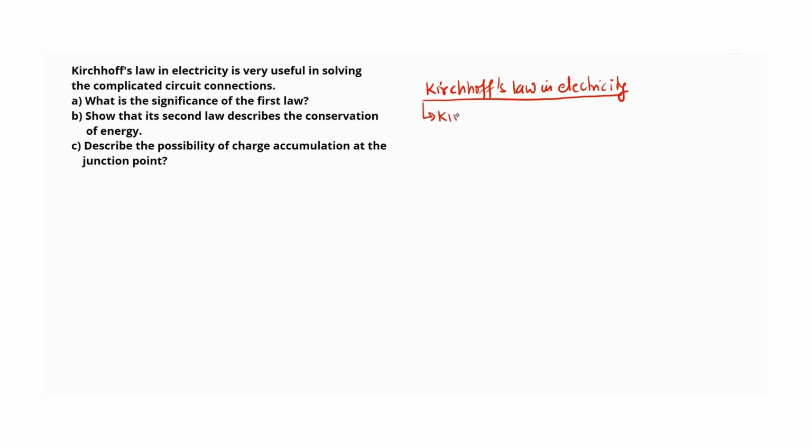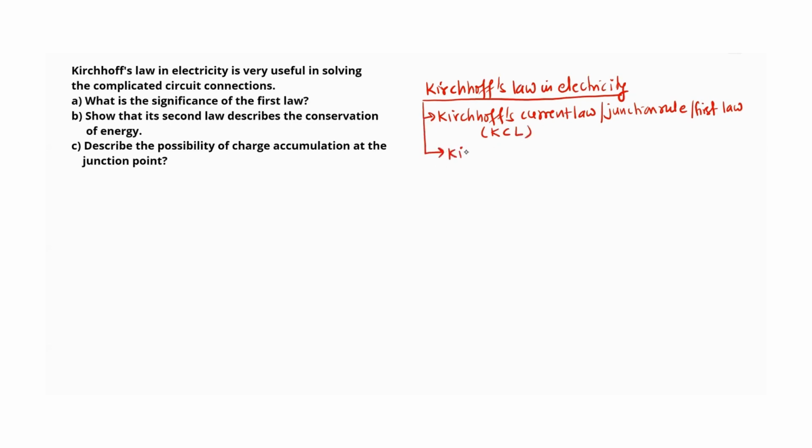One, Kirchhoff's current law, and it is also called the junction rule, okay. So I'm writing in short, junction rule, and it is also called Kirchhoff's first law, okay. So we can write in short, KCL.